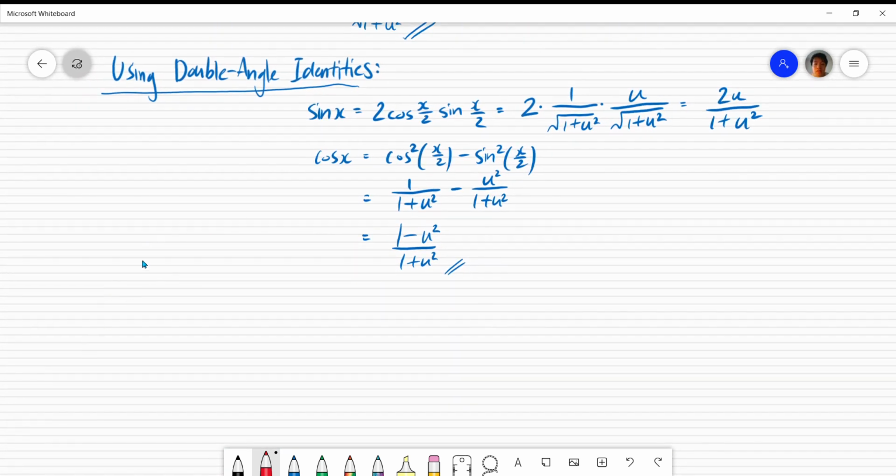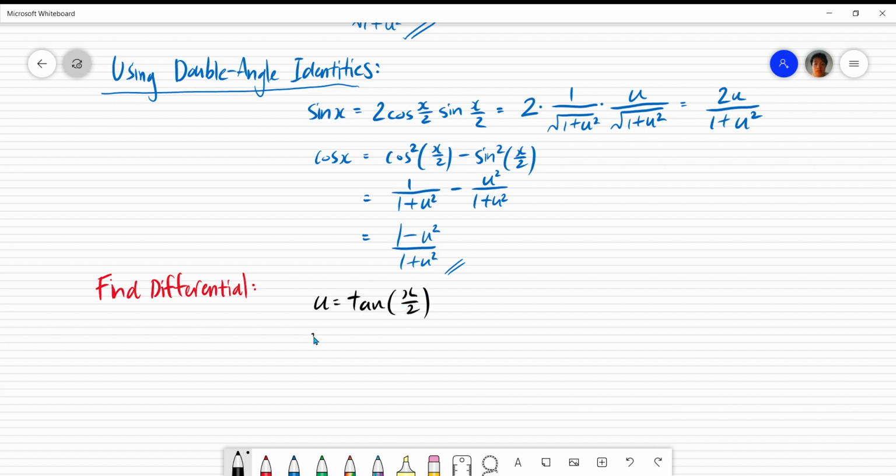We know that u is equal to tangent of x over 2.